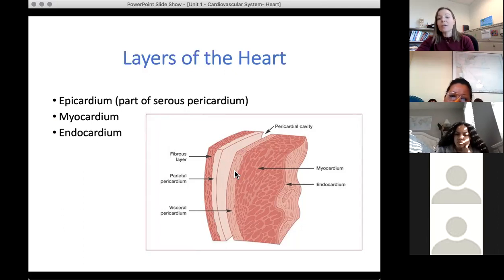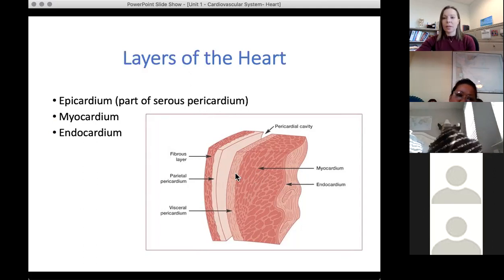And then here is that inner layer of the serous pericardium, also called the epicardium. The other two layers of the heart wall are right here. There are really three layers that form the heart wall. The first layer is the epicardium, and that's a very thin outer layer.